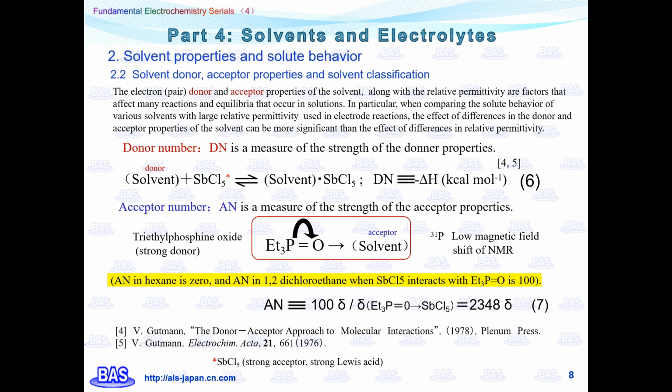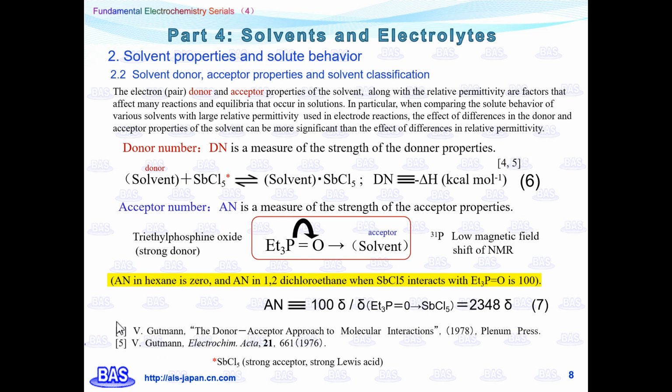In particular, when comparing the solute behavior of various solvents with large relative permittivity used in electrode reactions, the effect of difference in the donor and acceptor properties of the solvent can be more significant than the effect of difference in relative permittivity. As a measure of solvent donor and acceptor strength, the donor number DN and the acceptor number AN, advocated by Gutmann, are widely used.